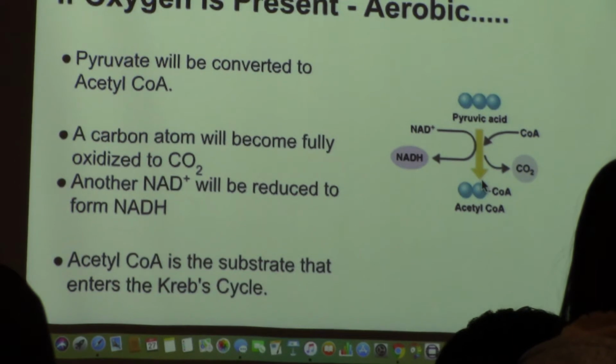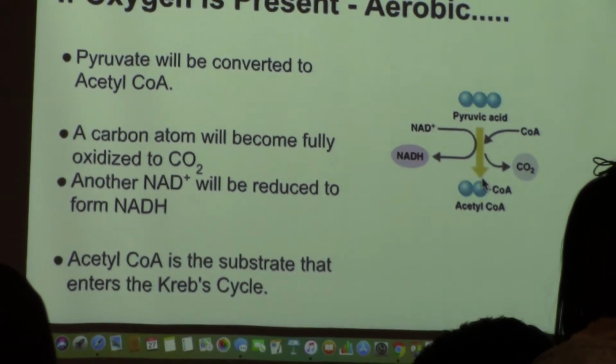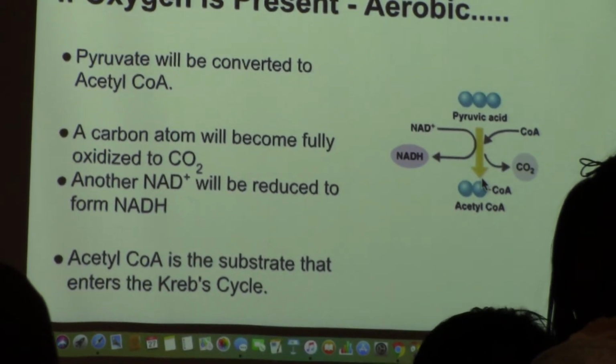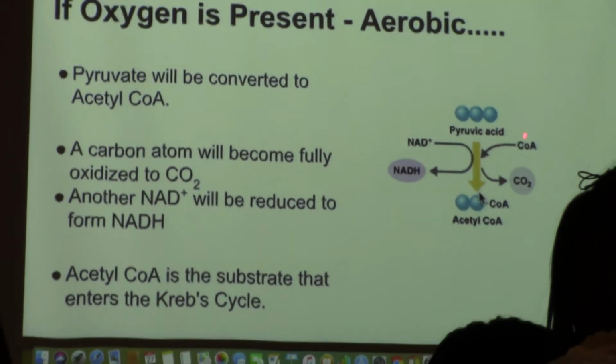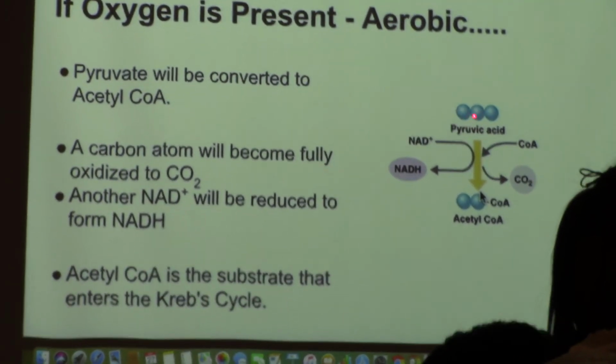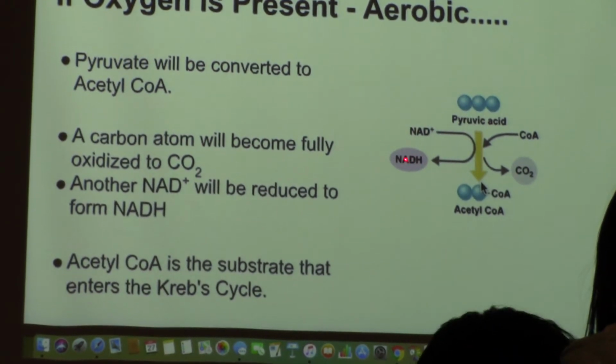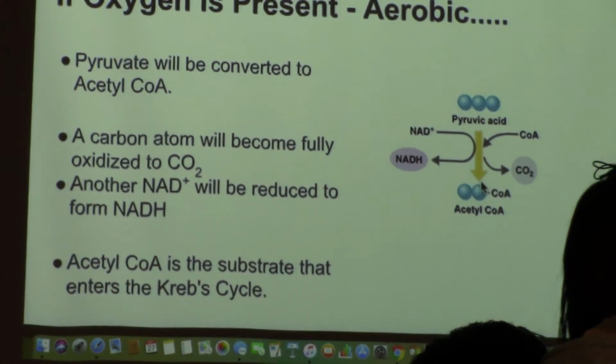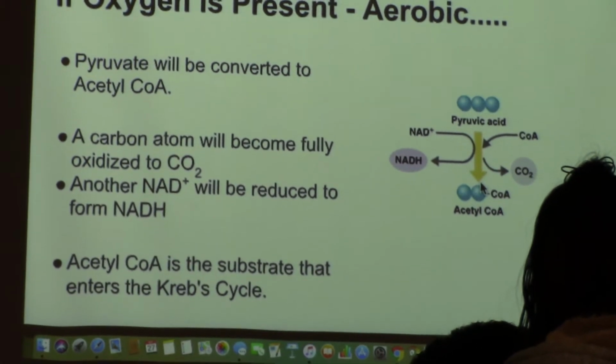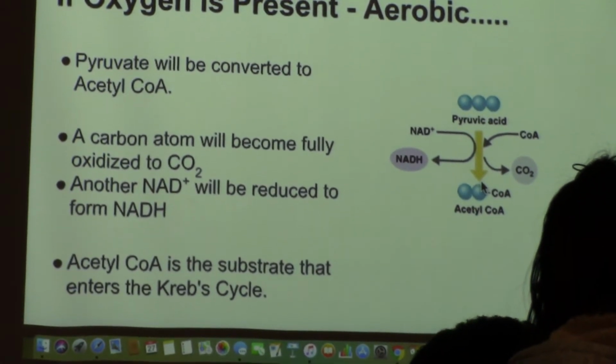Do oxidized molecules have more energy or reduced molecules? Reduced molecules have more energy. So our pyruvic acid is basically giving some of its energy to NAD+, and now NADH has that energy. And the acetyl-CoA is a slightly lower energy molecule because it's been oxidized.